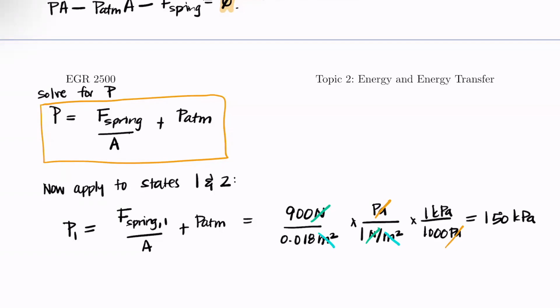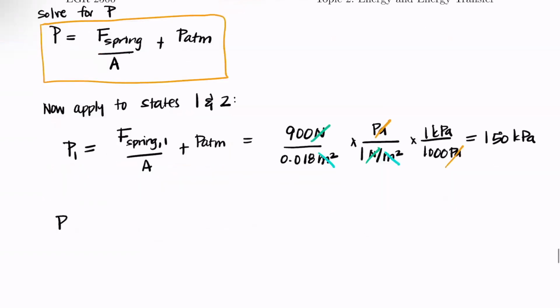Right? And now we're just going to do the same thing for P2. So P2 is force of the spring at state 2 divided by A plus P atmosphere. What is the force of the spring at state 2? It's 0, right? So we have 0 over 0.018 meters squared.